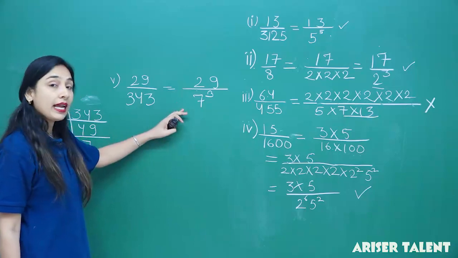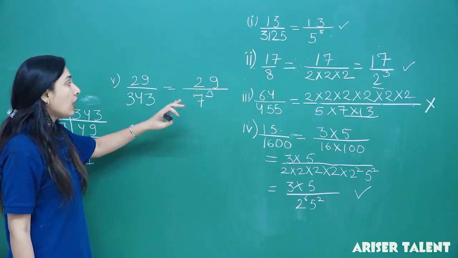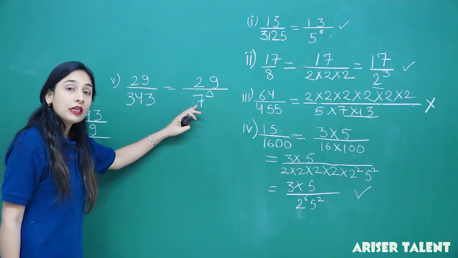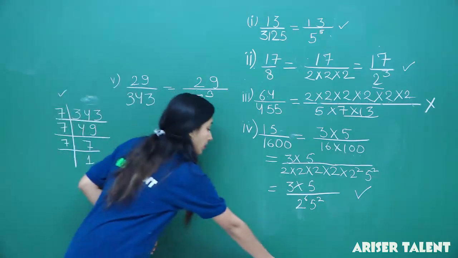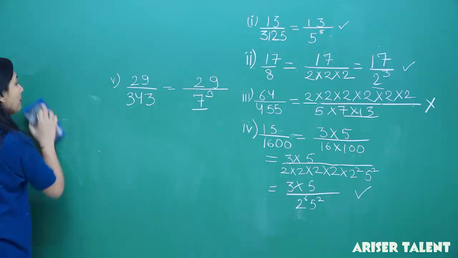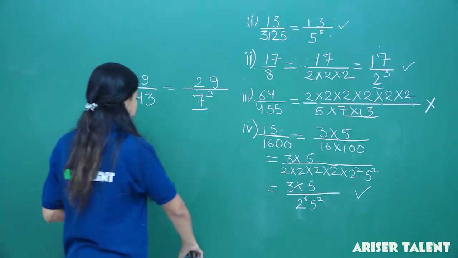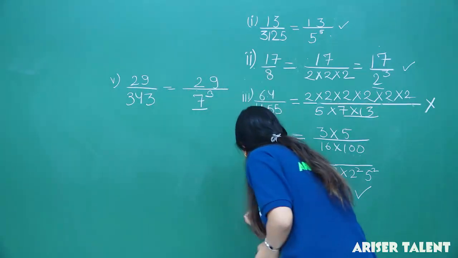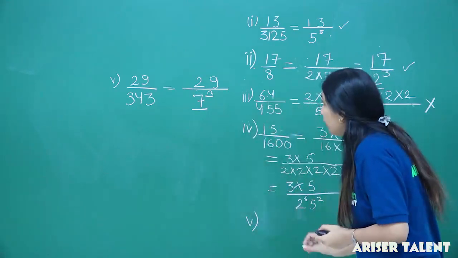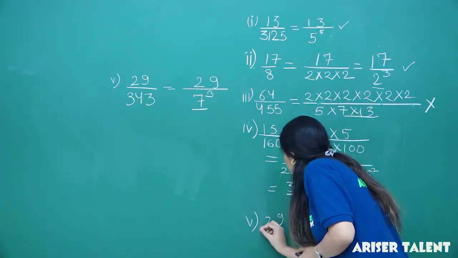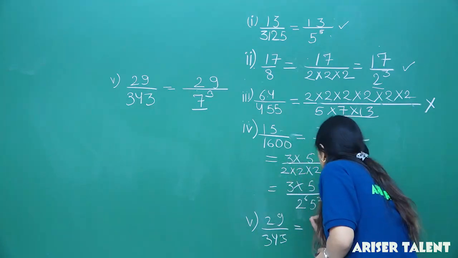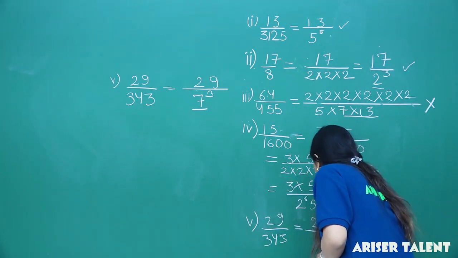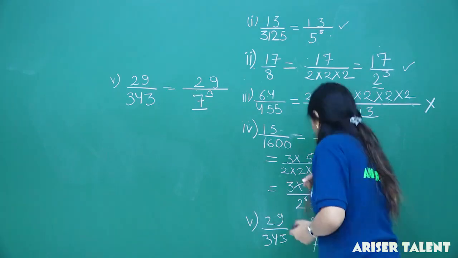Now is this a terminating number? No, because it's not in the form of 2 raised to power m, 5 raised to power n, right? So we'll write it here. Fifth, 29 by 343, that's nothing but 29 by 7 raised to power 3.